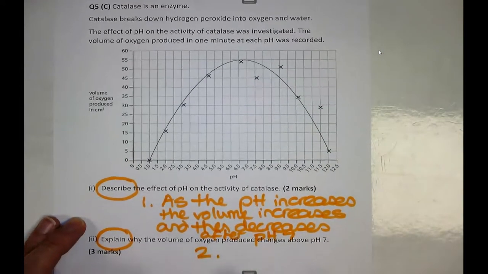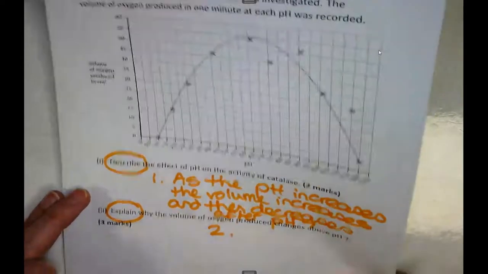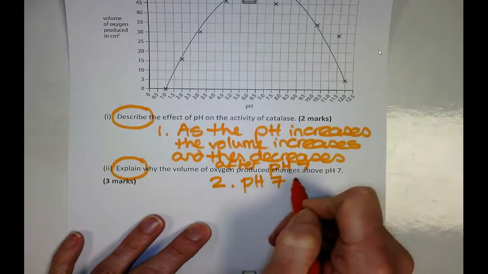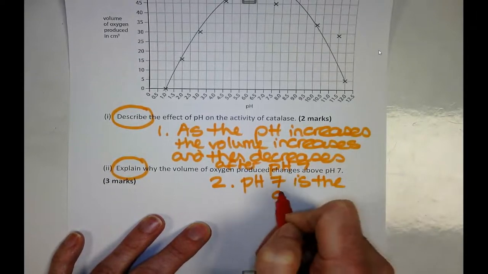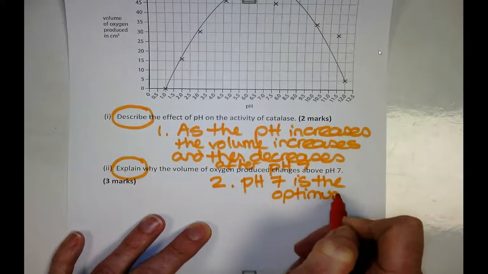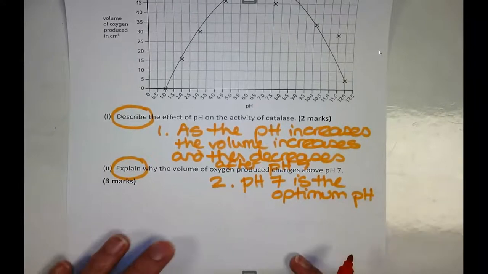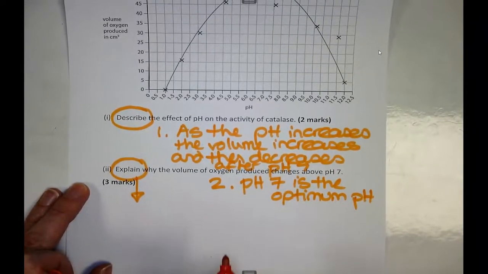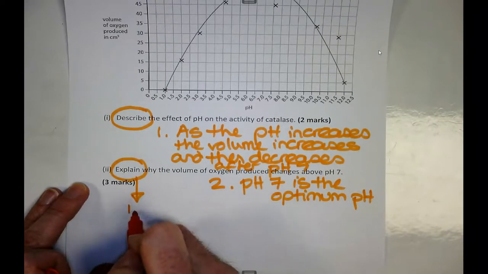And number 2 for that, we can actually say a little bit more, and that will get the second mark. pH 7 is the optimum pH. So explain is slightly different. That's using the science. And in that case, you're thinking about denaturation, aren't you?